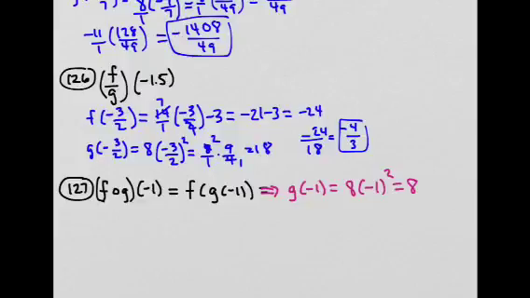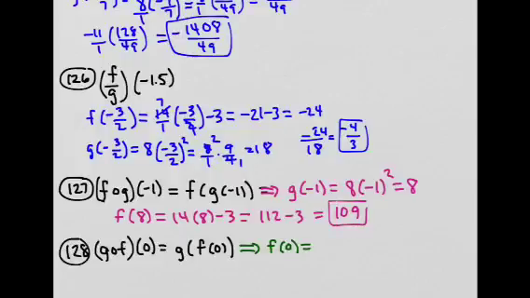So now I'm going to find f of 8. So that's 14 times 8 minus 3. So 14 times 8 gives you 112, minus 3 gives you 109.